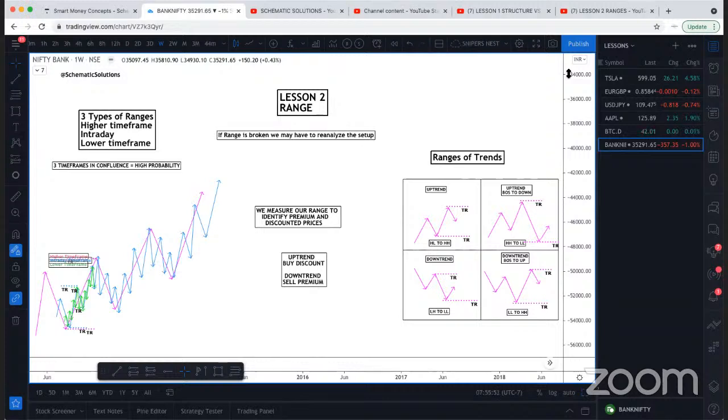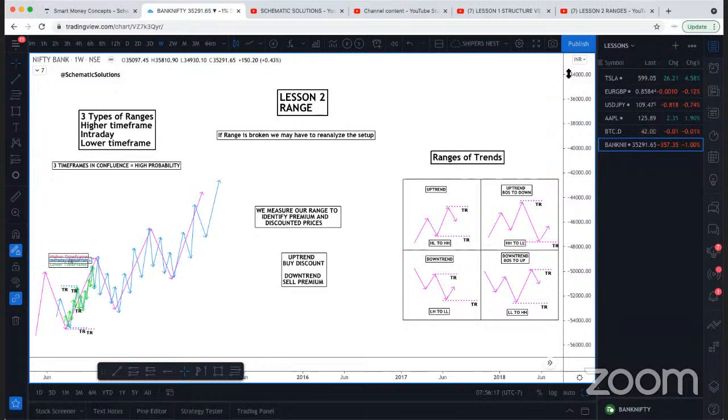Now, typically, to have the highest probability, we would like to trade with these three time frames in confluence. So let's say we're looking for a buy, we would like our higher time frame range to be bullish, our intraday range to be bullish, and our lower time frame range to be bullish, just so we have the highest possible setup.